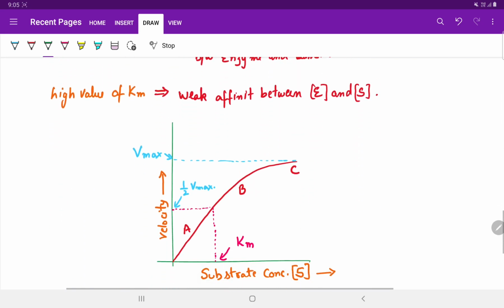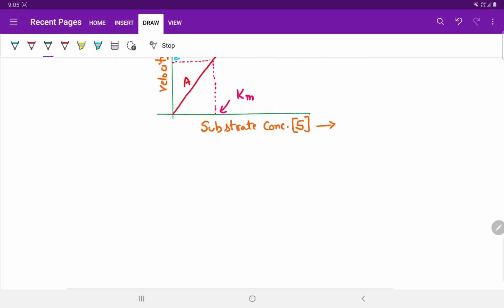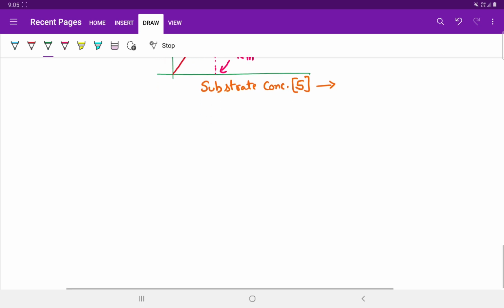So, in order to calculate the value of Km, we will have to reciprocate this particular equation, and a double reciprocal plot is obtained known as Lineweaver-Burk plot.